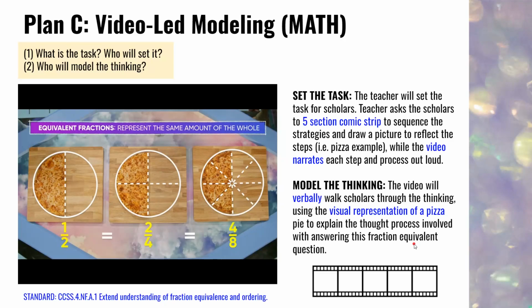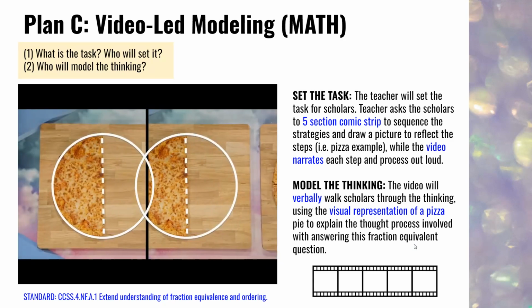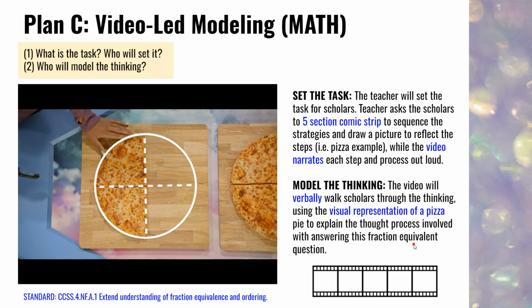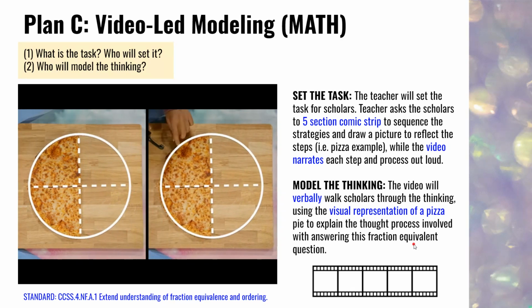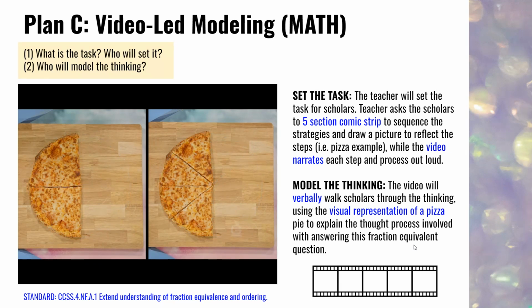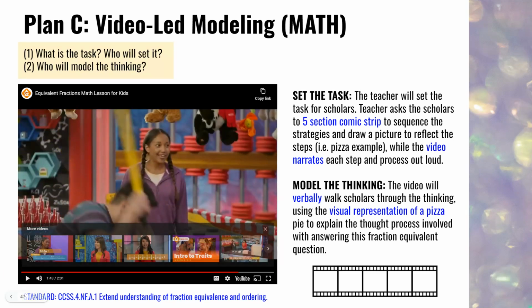You're right. How could you prove that by using this pizza cutter? If we double the number of slices in April's pizza, we can turn 1/2 into 2/4. And if we double the number of slices again, we can turn 2/4 into 4/8. That's right. When we cut them, we didn't change the amount of pizza we have left. We simply changed the number of slices that make up a whole.